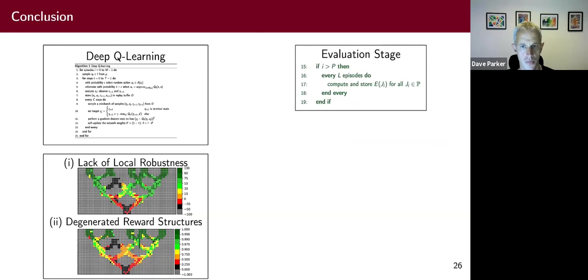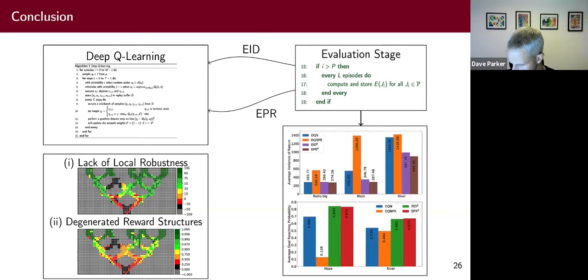We introduced these evaluation stages into the algorithm by proposing two different methods: evaluation-based initial distribution and evaluation-based experience replay. Afterward, we made experiments that show that both of our methods can lead to, first, a decreased variance and increased overall performance when considering the return, so the objective that was learned upon.